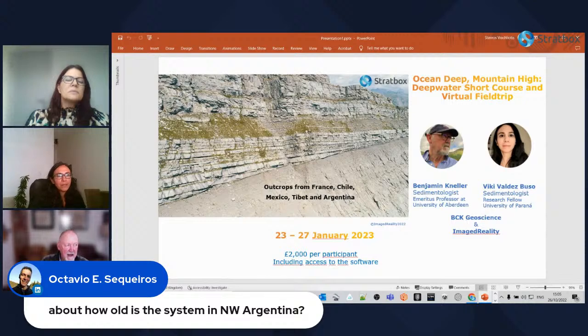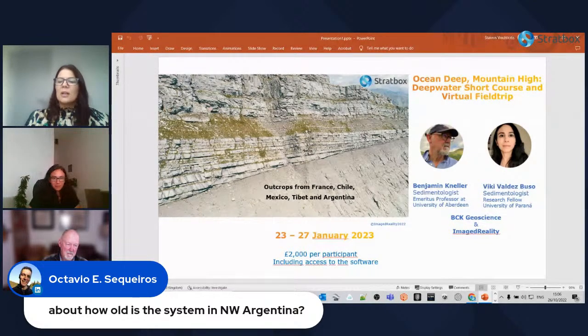That flooding surface at the top of the ponded turbidites is the post-glacial eustatic sea level rise. Yes, and we did some dating, and it was 323 million years. So we are there dealing with the Mississippi and Pennsylvania boundary, actually. Yes, Bashkirian.